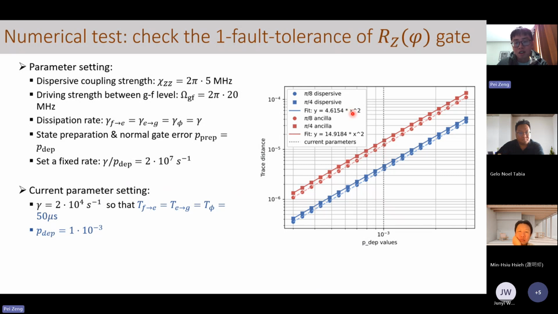So X here is actually P. The simplest ZZ coupling based gates will have an even smaller error compared to the more complicated ancillary based ZZ rotating gates. This red line is the ancillary based ZZ rotating gates. The blue line here is the ancillary free case.